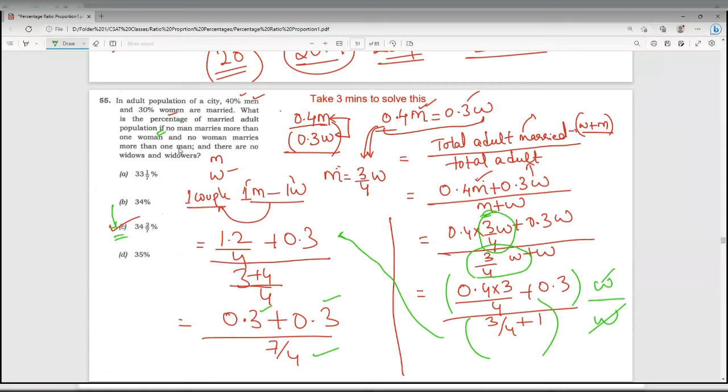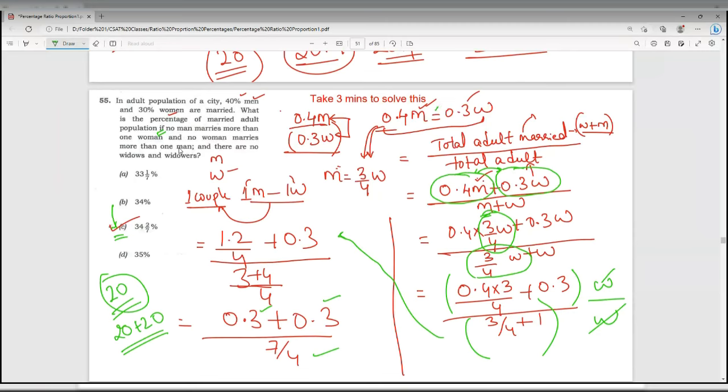So married adult population is, for example, if there are 20 couples in the city, so the total married population would be 20 men plus 20 women, right? That's what I've written here. This is the male population who are married. This is the female population who are married. But incidentally, these both are same.